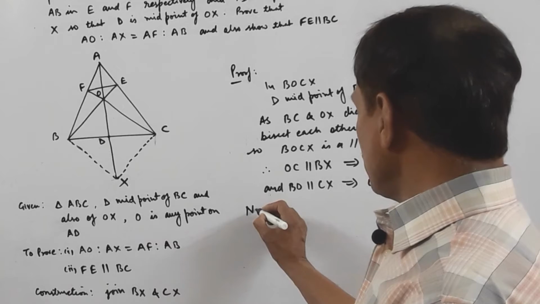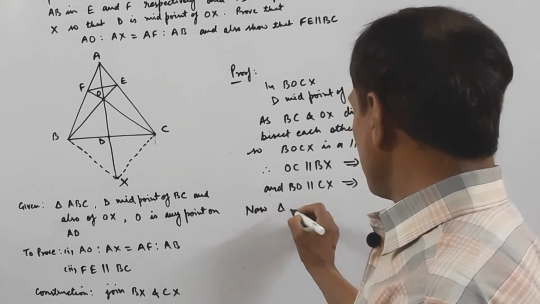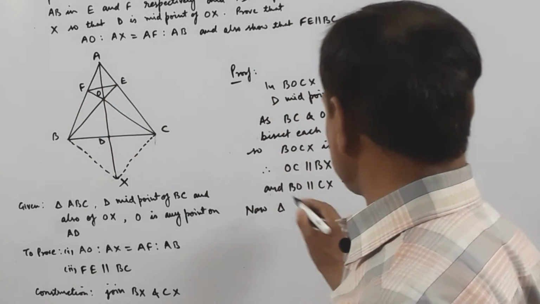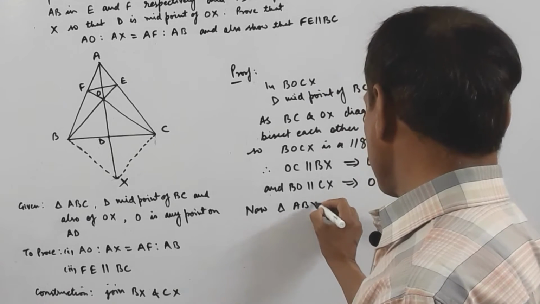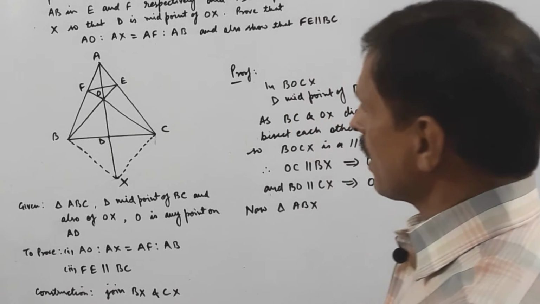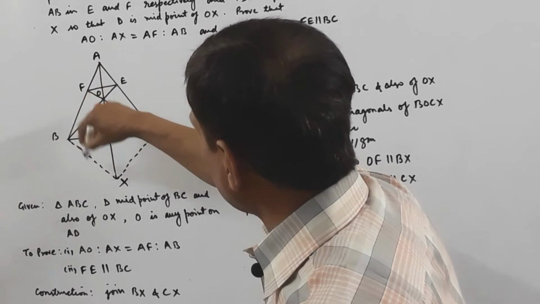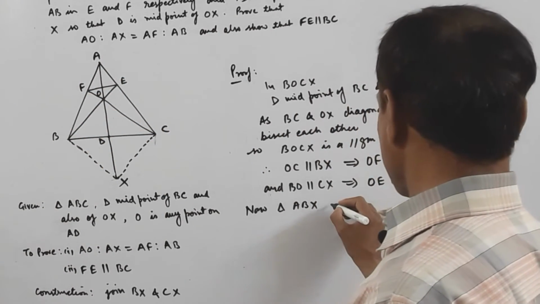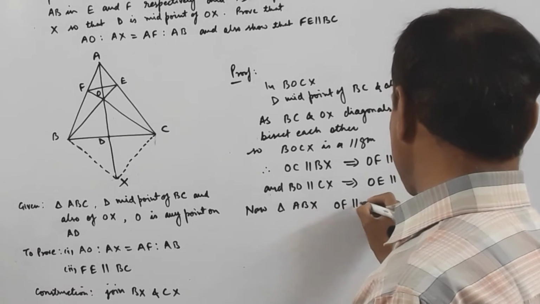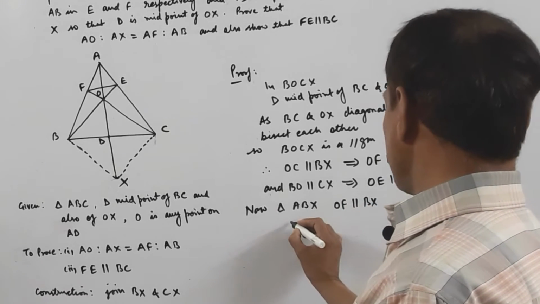Now in triangle ABX, OF is parallel to BX.